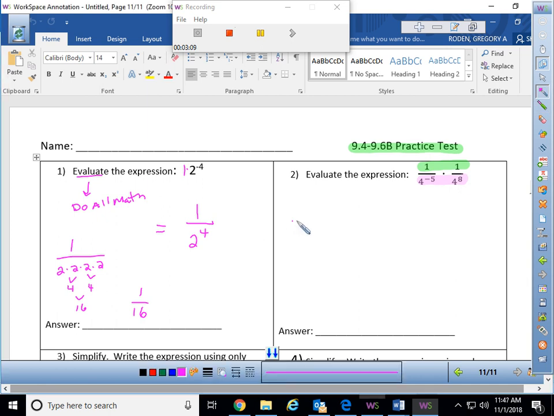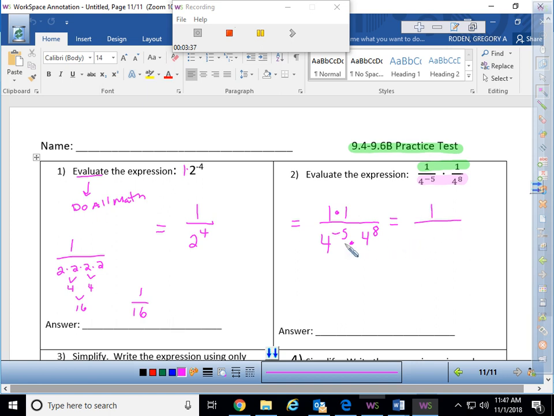So when I do that, I get 1 times 1 on top, and I get 4 to the negative fifth times 4 to the 8th on the bottom. Now, I do see a negative exponent, and don't let that scare you. We'll take care of it at the very end. Now, let's just do the multiplication. Well, 1 times 1, that's obviously just 1.